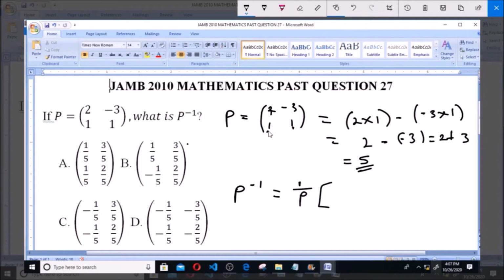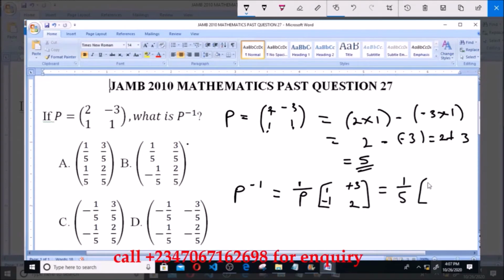Now what do I mean? Here we have 2 and 1, but it will change to what? 1 and 2. Here we have minus 3 and we have 1 here, but it changes to what? Minus 1 and plus 3. So this is equal to 1/5 into 1, minus 1, plus 3, 2.